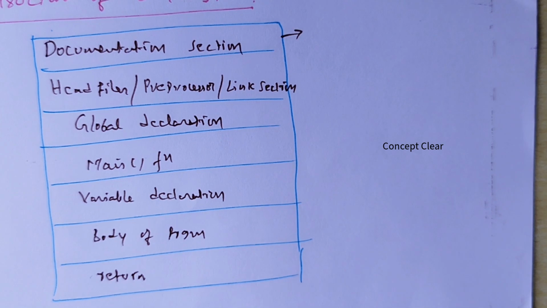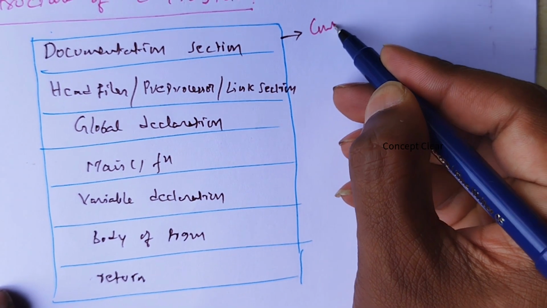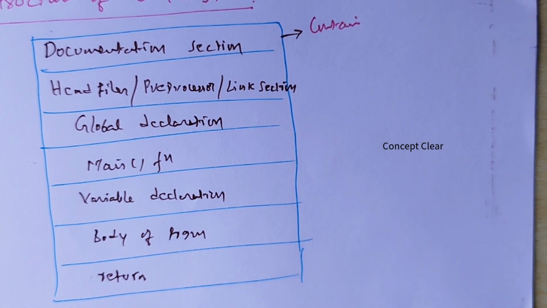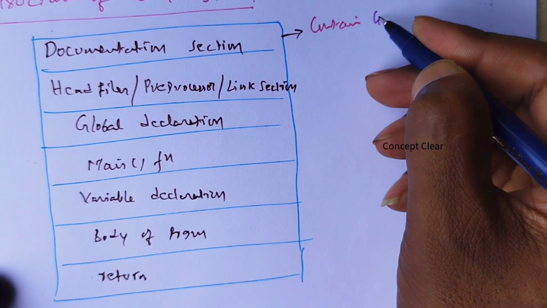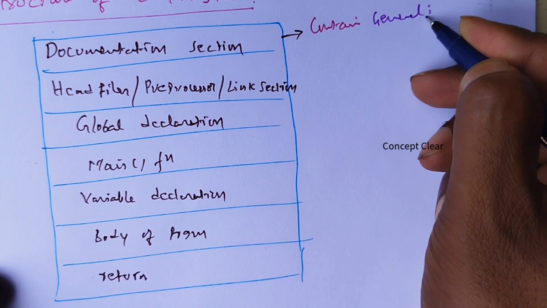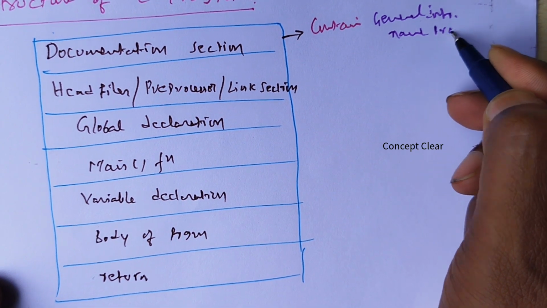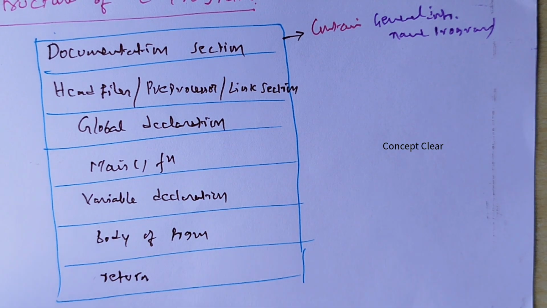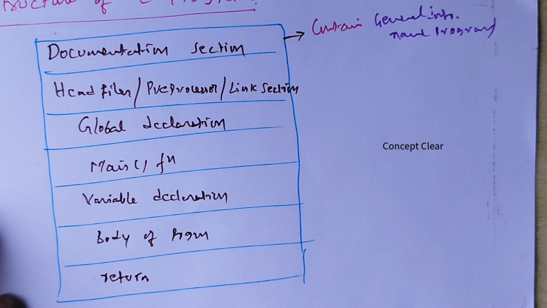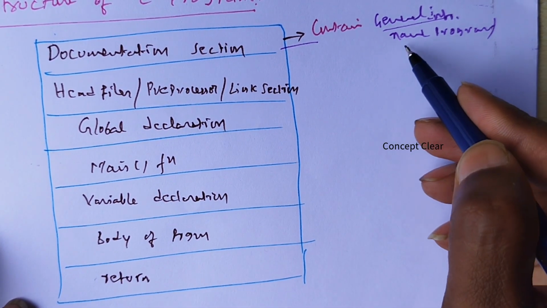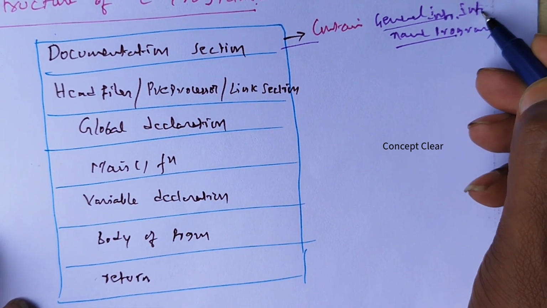Documentation contains the general information of the program, like the name of the programmer, the goal or aim or title of the program, and the date on which it was created. This general information will be placed in the documentation section.